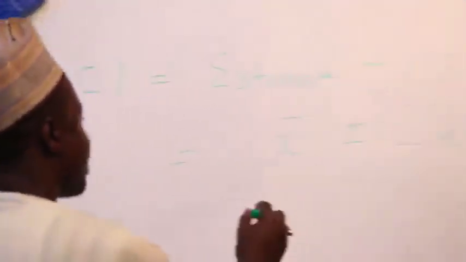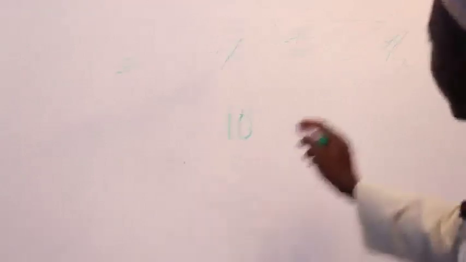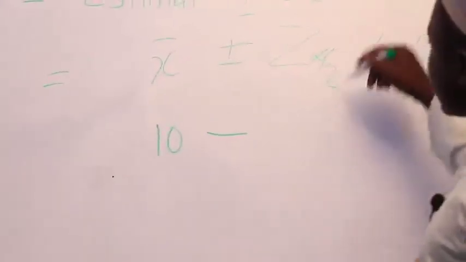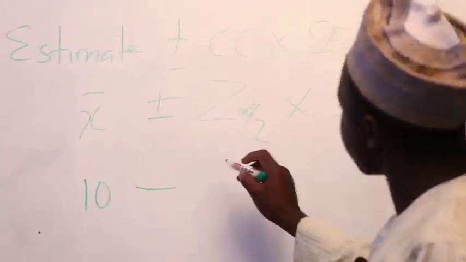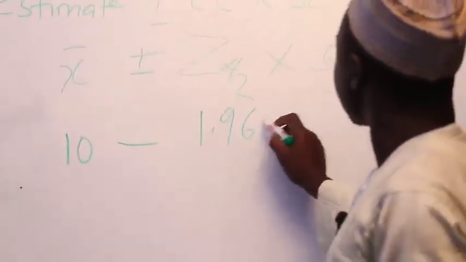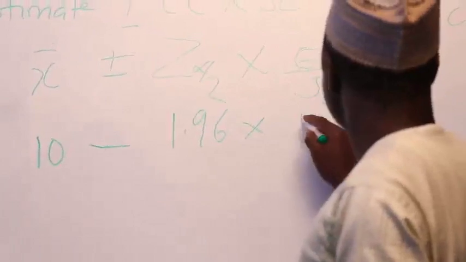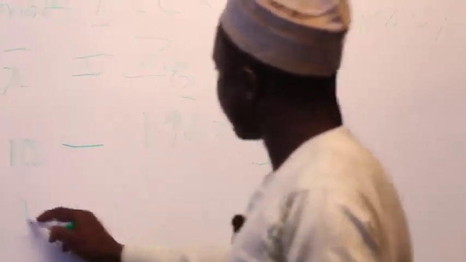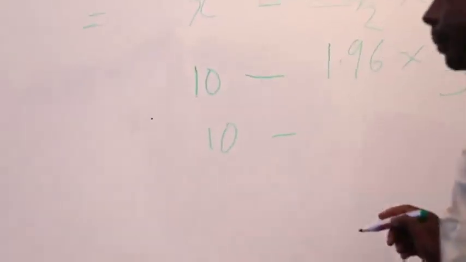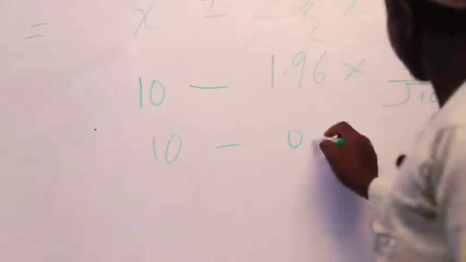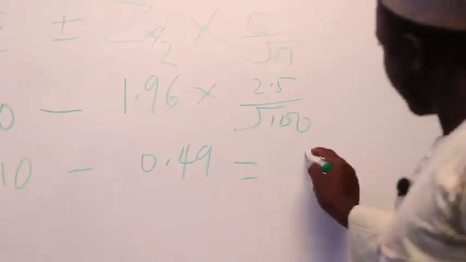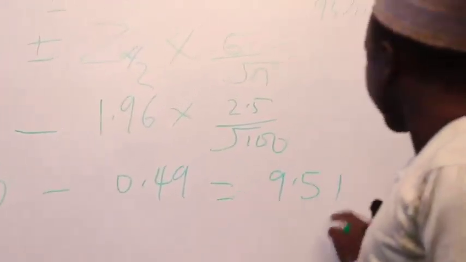So our mean is 10. And I told you, when you are calculating confidence interval, you start with the minus, because it is plus or minus. The confidence coefficient for the Z distribution for 95% confidence interval is 1.96, times our standard deviation 2.5 all over root of 100. This will give us 10 minus 0.49, which will give us 9.51.